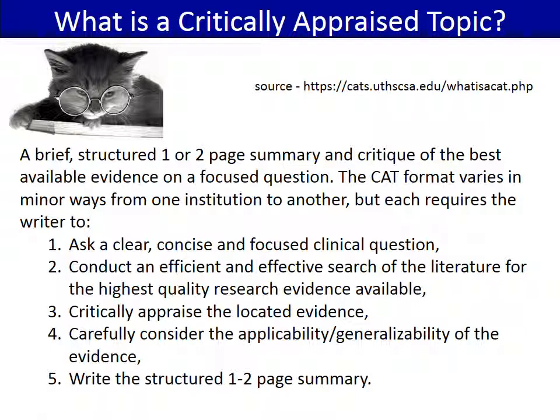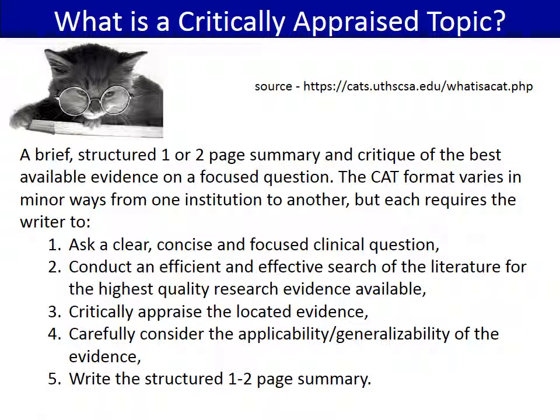So a CAT is a very precise, brief, structured summary of the best evidence. It asks a focused question, a very efficient and effective search of the literature is done, looking for the highest available research evidence.